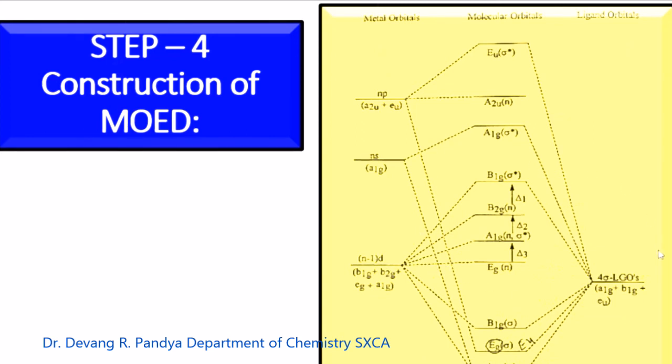the tetraammineplatinum 2 plus complex. When we discuss the tetraammineplatinum 2 plus complex, 8 electrons from these 4 LGO are donated to the BMO, and the metal has a D8 configuration. So all 8 electrons will enter into the lower energy Eg and A1G, and that is why it is the HOMO, highest occupied molecular orbital. Fewer electrons enter into this.